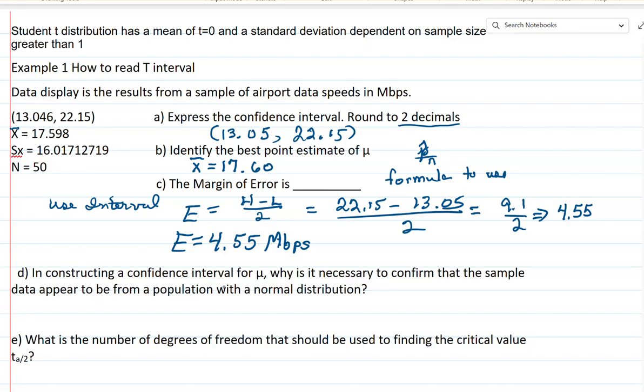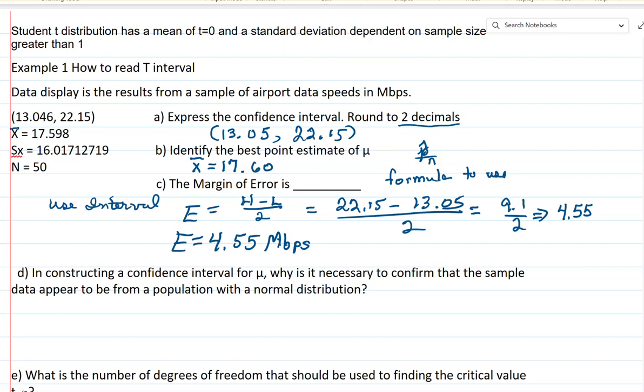In constructing a confidence interval for mu, why is it necessary to confirm the sample data appears to be from a population with normal distribution? That's our question. Okay, so what we're looking at here is to analyze. This is our first analyze. So we draw from what we have. We have a size of sample to be 50. So that tells us that we have n greater than 30.